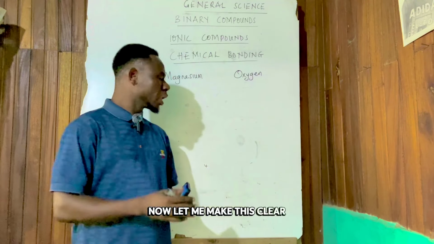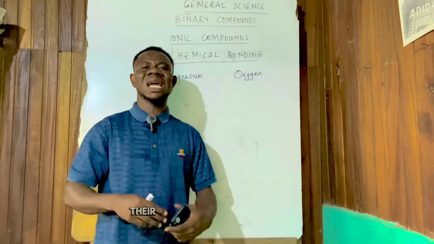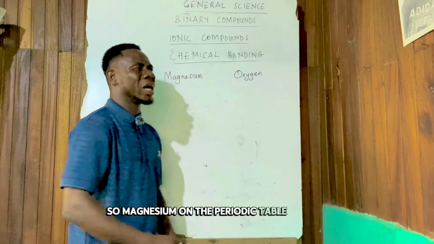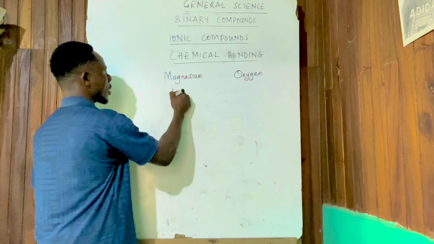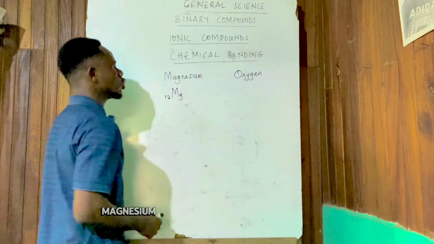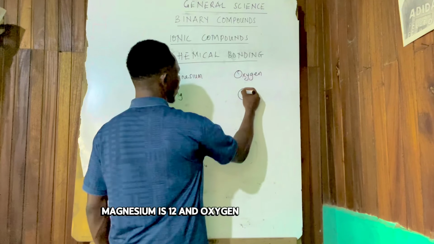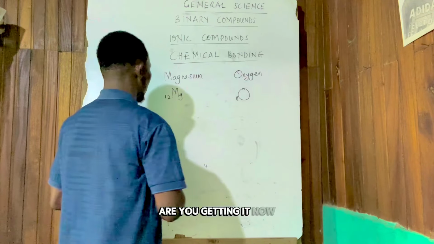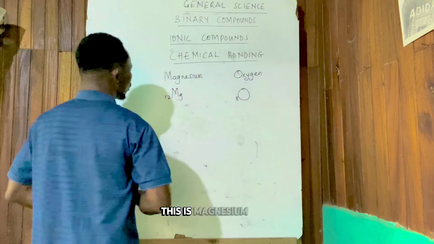In order for you to know how these are formed, first of all you have to know magnesium and oxygen on the periodic table, their element numbers. Magnesium has an atomic number of 12, and oxygen is 8. Are you getting it? Now, this is magnesium.